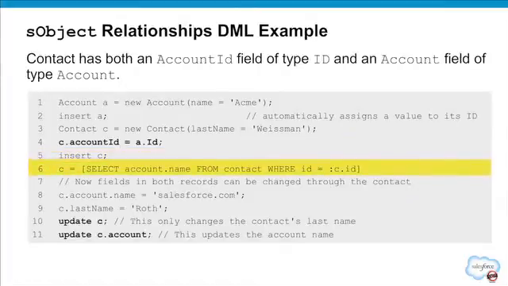Remember that the account ID field in our relationship fields is equivalent to the _C field, and the account field is equivalent to the _R field. At the end of line 5, c.account has not been populated. Only account ID has been populated.